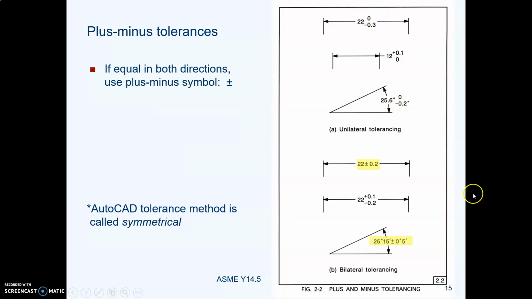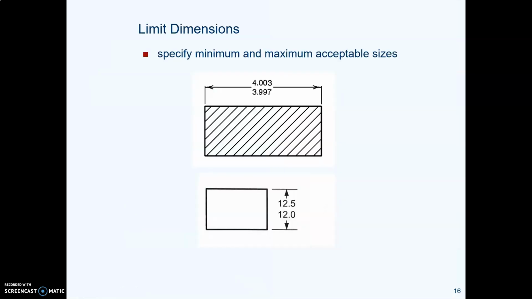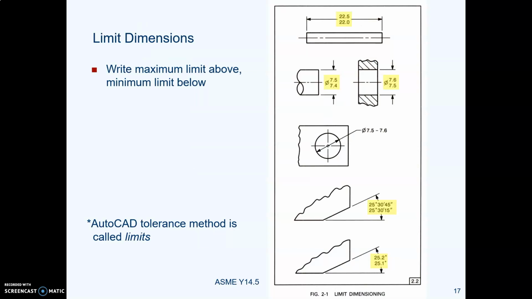You might have tolerances that are the same up and down, plus 0.2, minus 0.2. And when you have that situation, you use the plus-minus symbol and just write the tolerance once, plus or minus 0.2. AutoCAD calls this method symmetrical. If you want to use limits, they specify the maximum size and the minimum size. And here is ASME showing limits dimensions. Again, you write the big number on top, the small number on bottom.